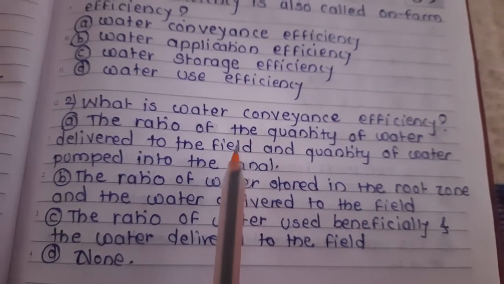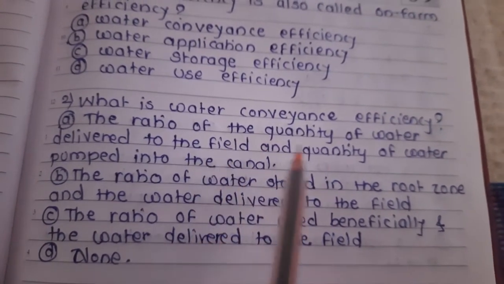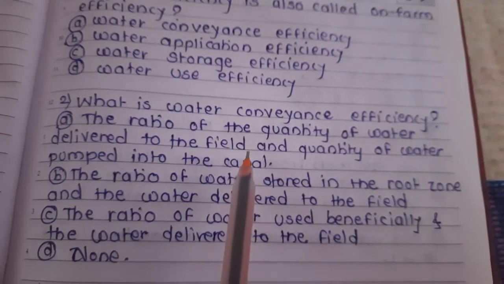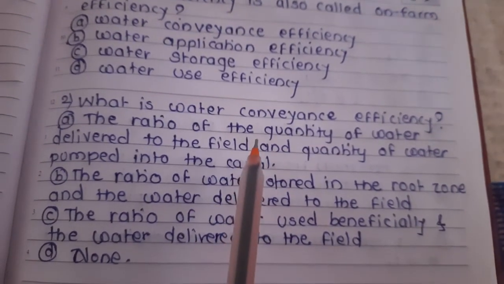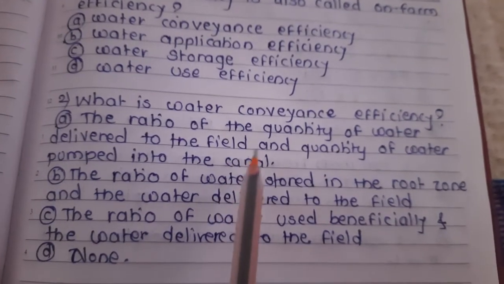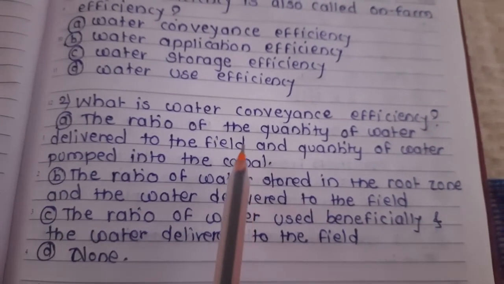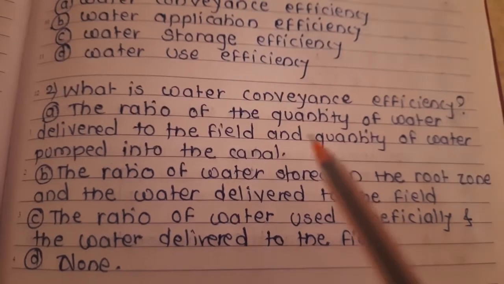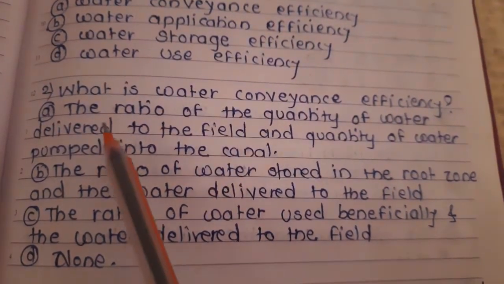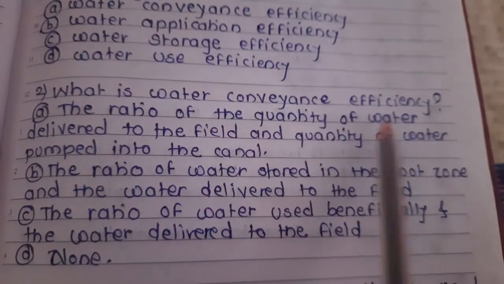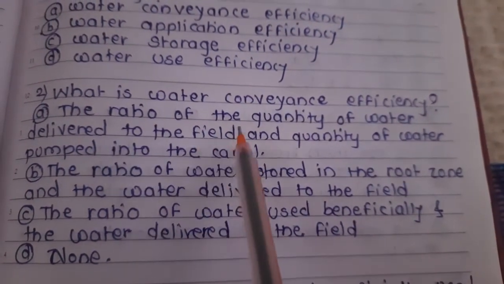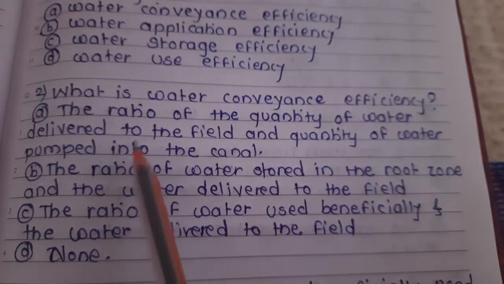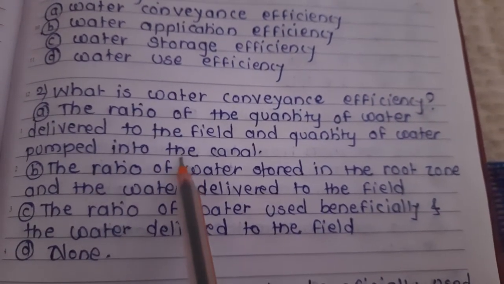Yes, this is correct, because quantity of water pumped into the canal means water diverted from the river. Hence this ratio becomes the ratio of quantity of water delivered to the field and quantity of water diverted from the river.